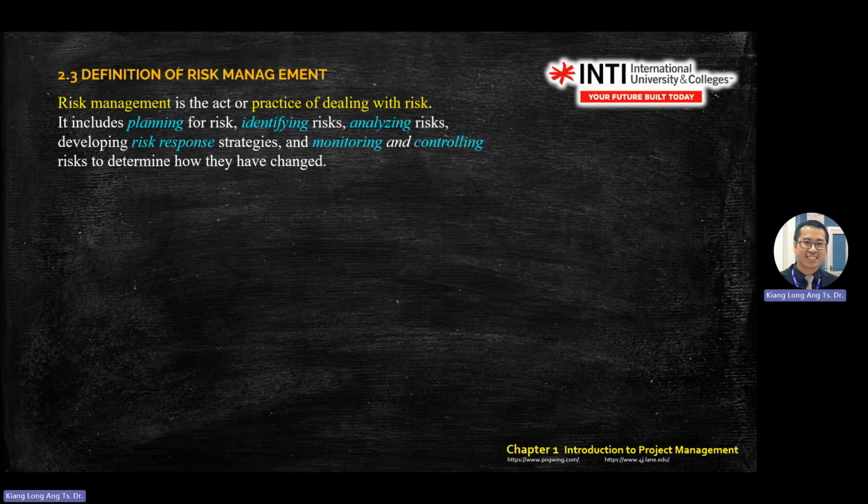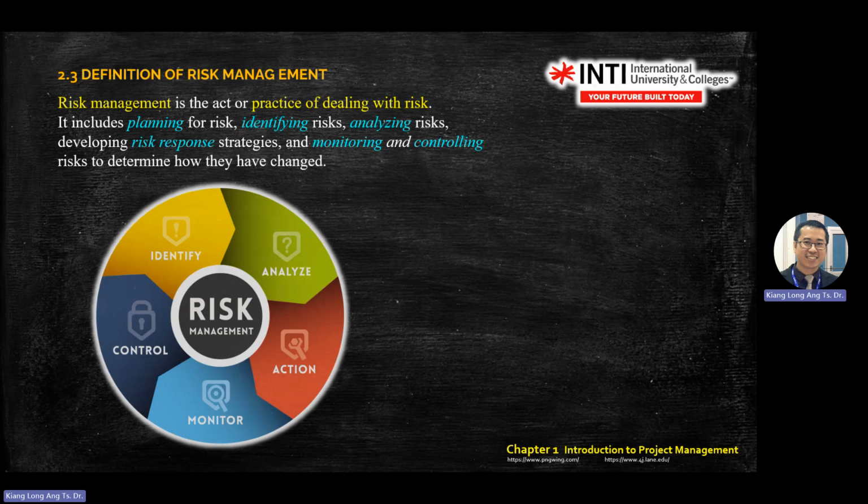Your input is information and data, the process is planning, identifying, analyzing, and the output is to develop risk response strategies, monitoring, and controlling. So this is risk management. You have this cycle: identifying, analyzing, action, monitor, and then you control. Then you go back to the cycle.